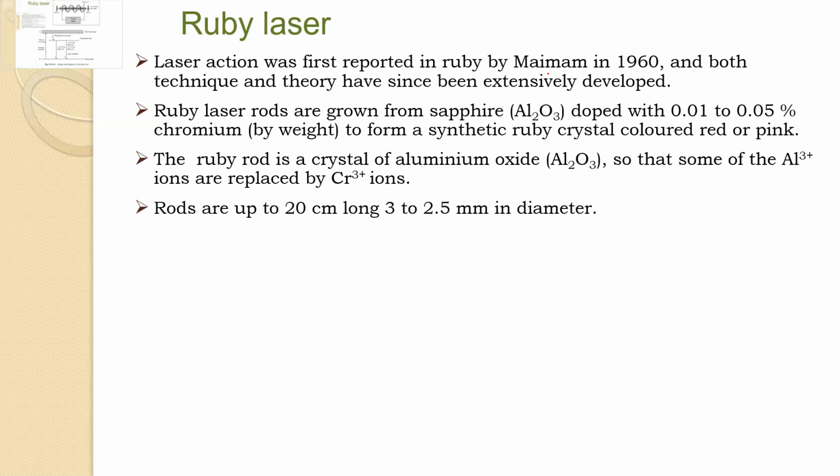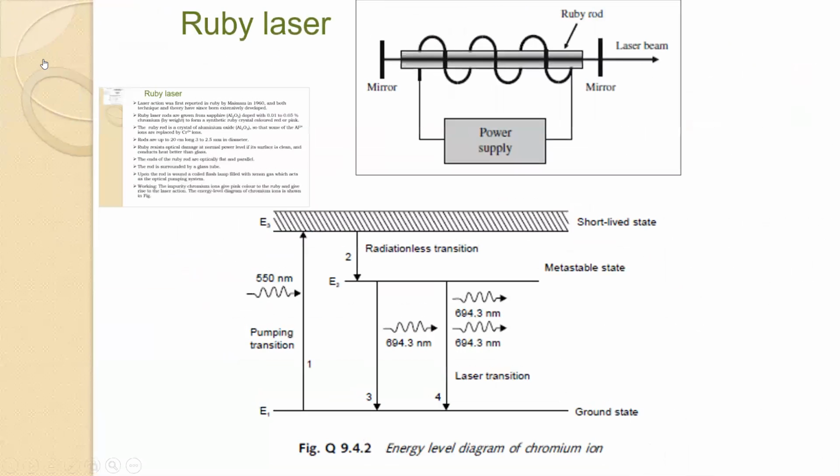And the rods are up to 20 centimeter long and 2.5 to 3 millimeter in diameter. Look at the picture. It is the ruby rod.